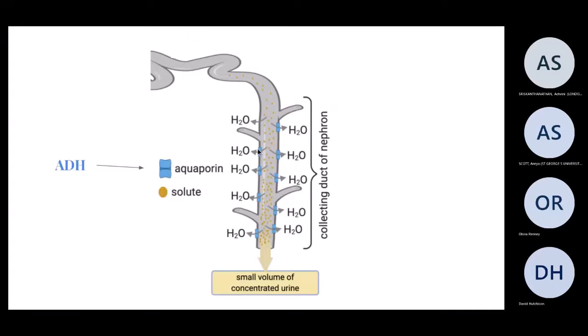And basically what that does is it allows the water to run through that aquaporin channel back into your kidney and your bloodstream. So it doesn't go out into the ureters and into the bladder and then out as wee. It's all going back into your body rather than coming out. Hopefully that makes sense.